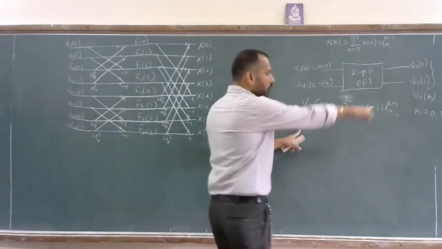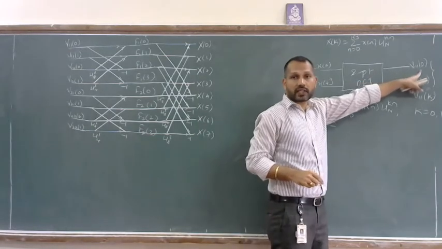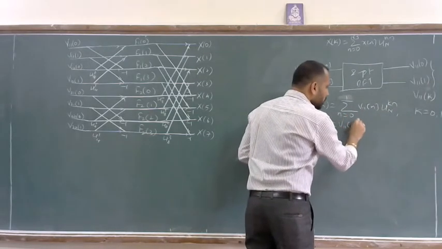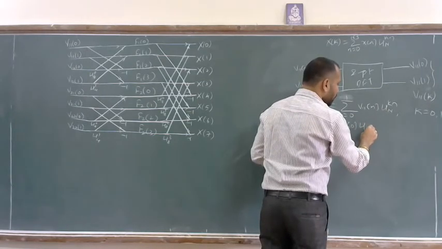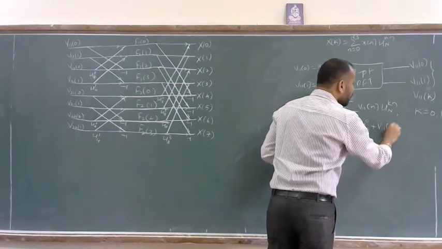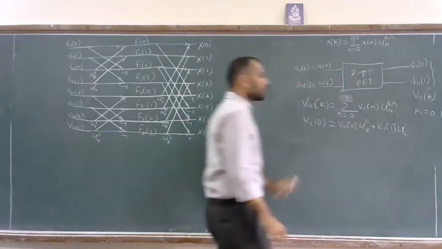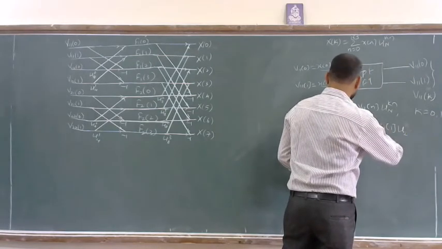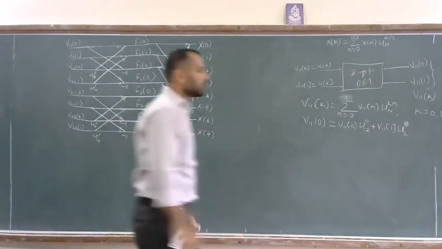Now if you substitute k equals 0, you get V11 of 0, the first DFT point. This will be given as V11 of 0 multiplied by W2 to the power 0 plus V11 of 1 multiplied by W2 to the power, in this case n will be 1 but k will be 0, so still this will be 0 itself.